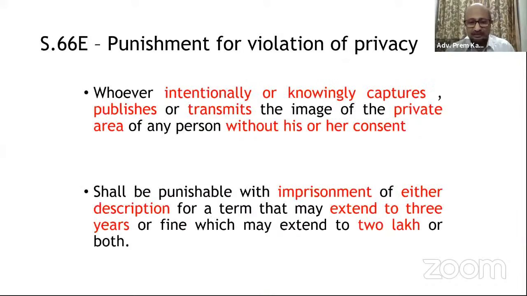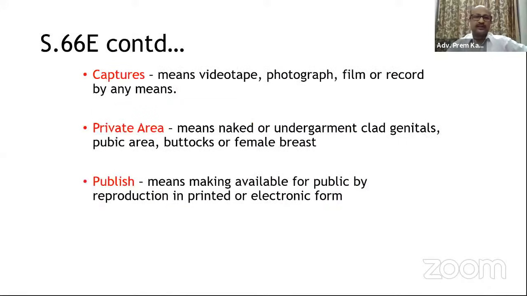66E, violation of privacy. This is something I won't take much time on. It is very simple. We are all aware of it these days with cameras, smartphones, and remote devices. All these are very rampant. What I would like to stress is, when does this particular section come into force?